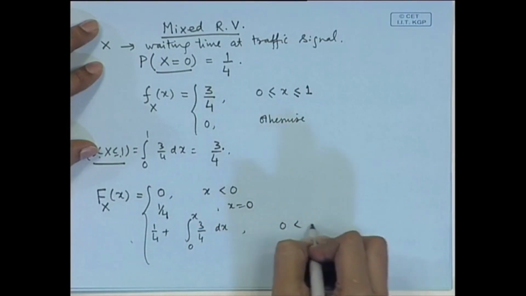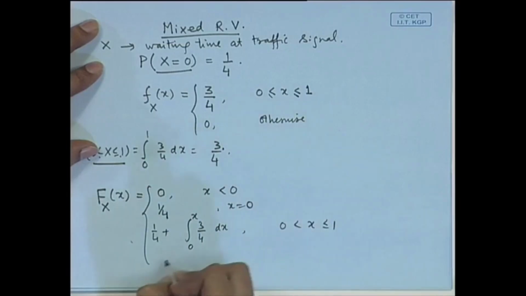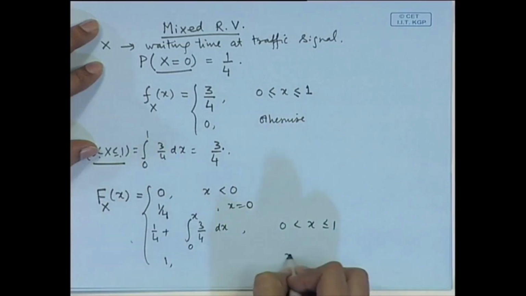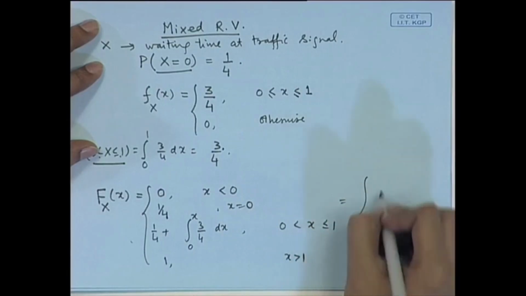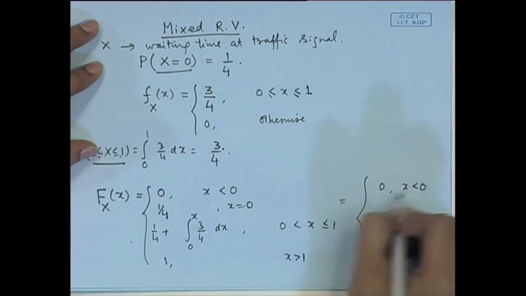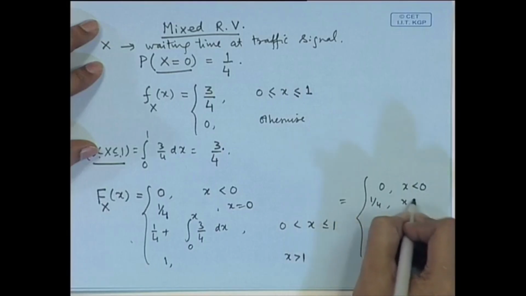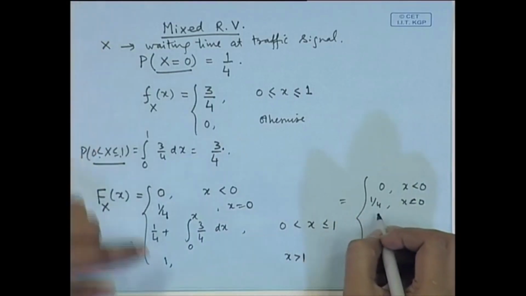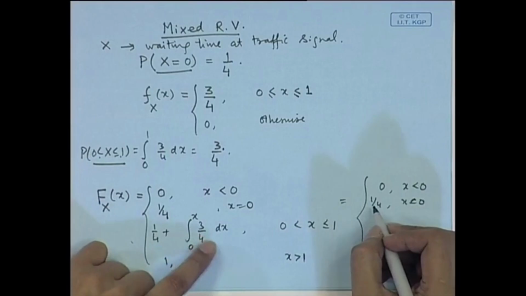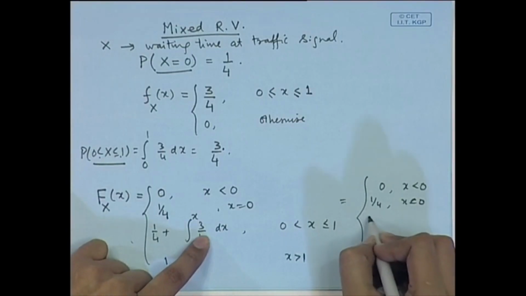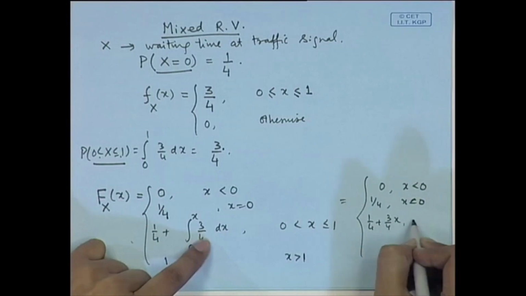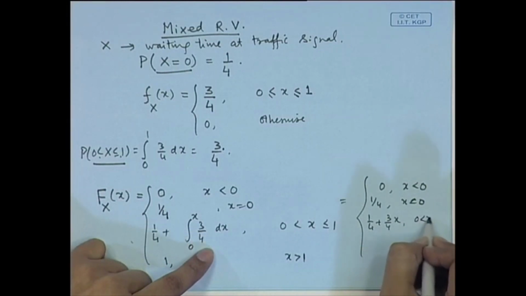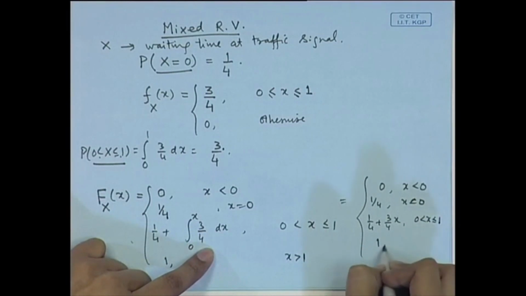And of course, it is equal to 1 for x greater than 1. So, if we expand it, it is 0 for x less than 0, 1 by 4 for x equal to 0, and here it becomes 1 by 4 plus 3 by 4 x for 0 less than x less than or equal to 1. It is 1 for x greater than or equal to 1.